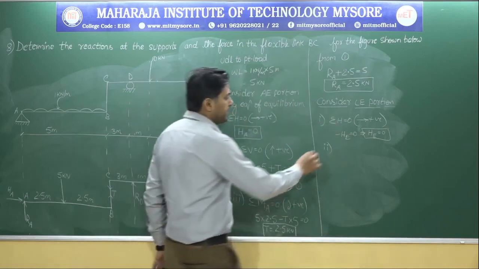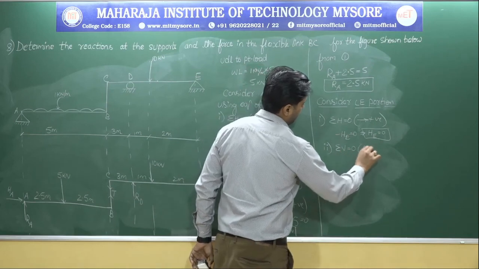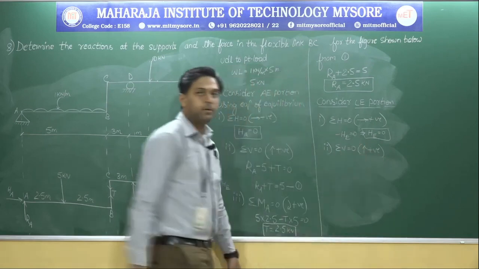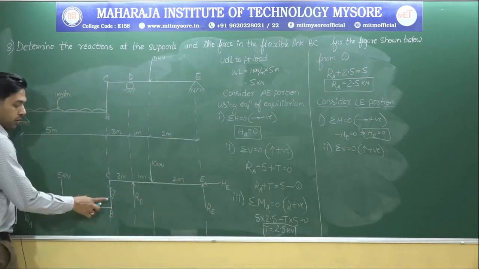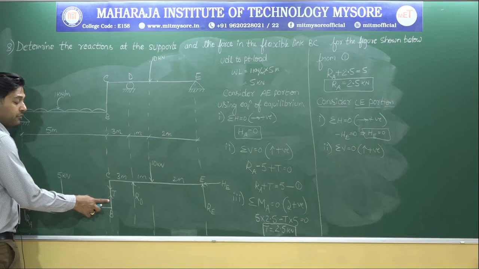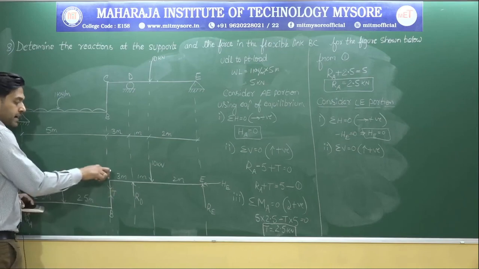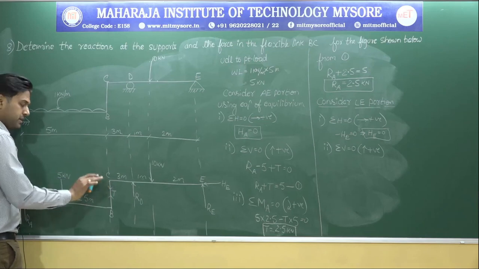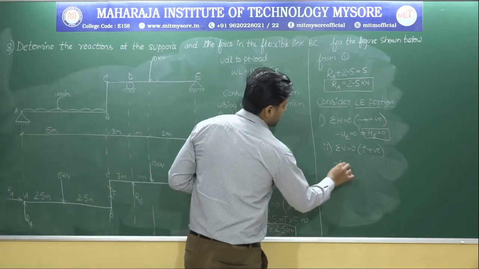Sigma V is equal to 0, upward direction positive. Okay, so now observe here. We already know the value of T, that is 2.5. Just observe the sign. The arrow mark is acting in downward direction. Downward direction means negative. Minus, what is the value of T? It's 2.5.